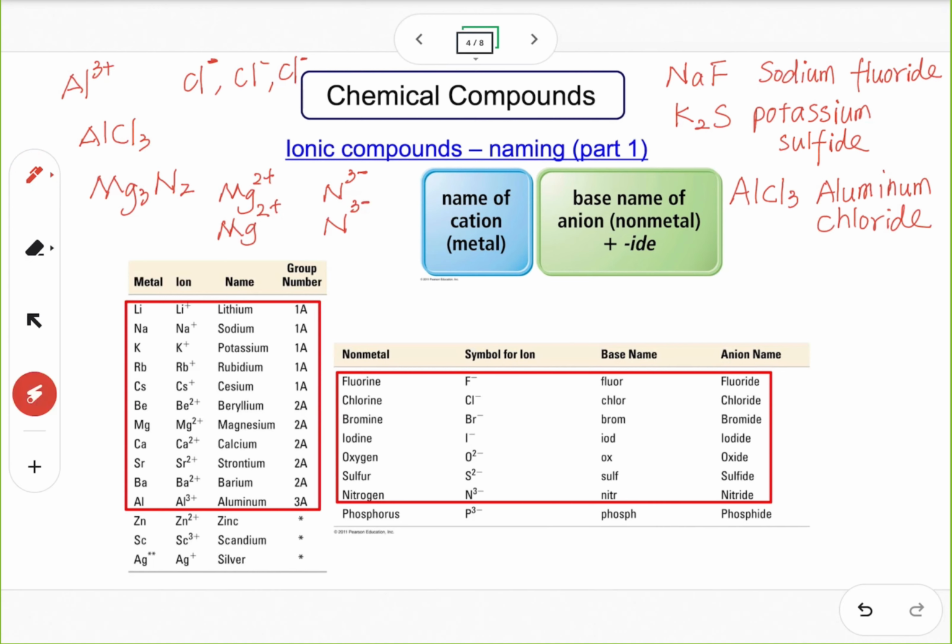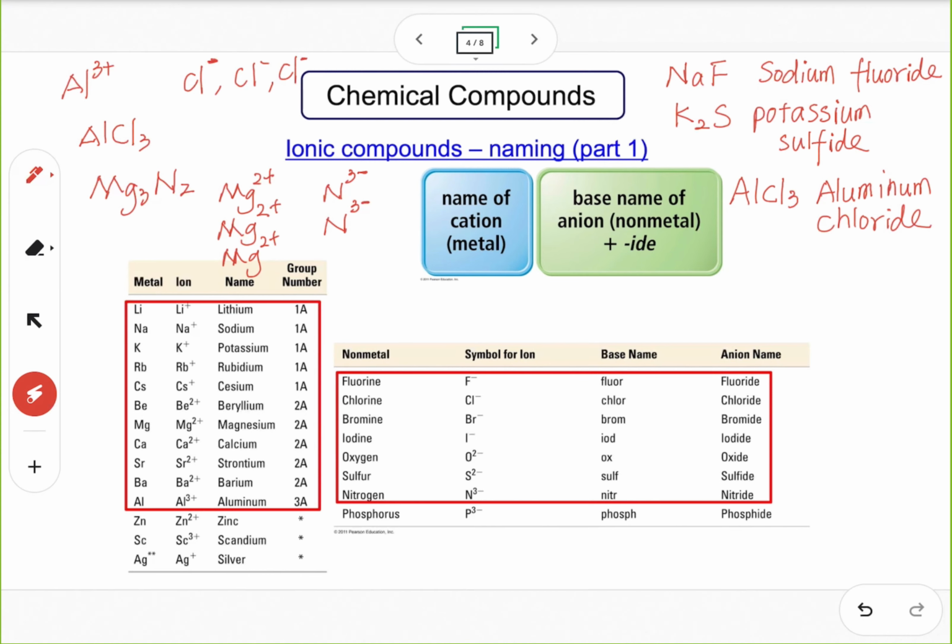Now you have 4 positive charges, 6 negative charges, not balanced. So you need more Mg2 plus, right? Now, when you have 3 Mg2 plus, you have 6 positive charges, and 6 negative charges. If you combine those 3 cations and the 2 anions, the charge will be balanced.